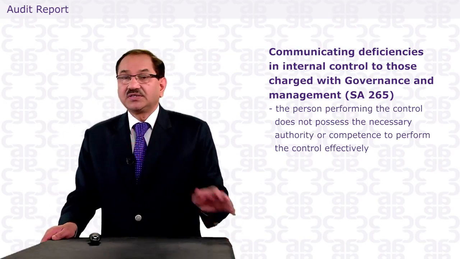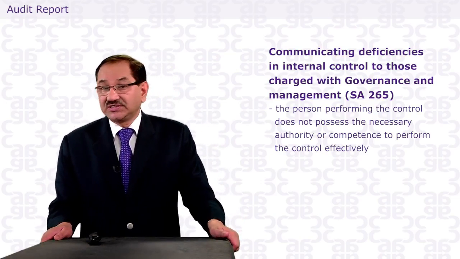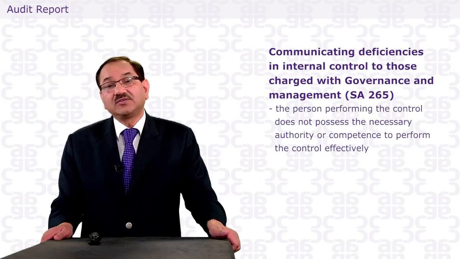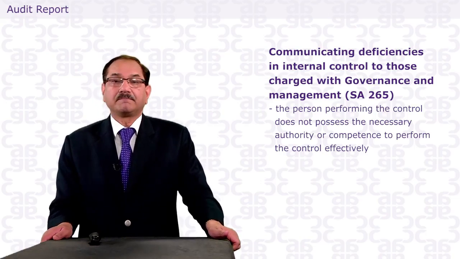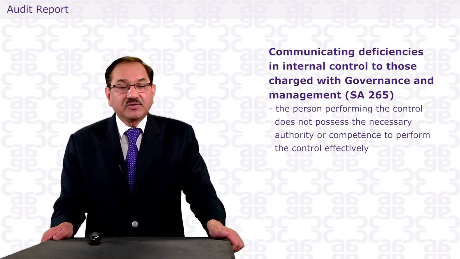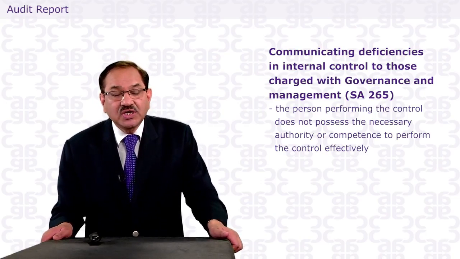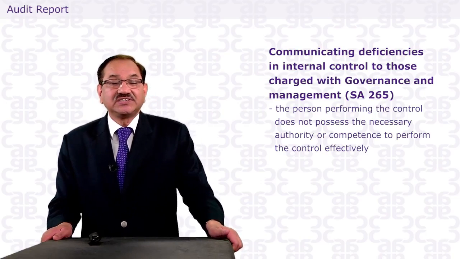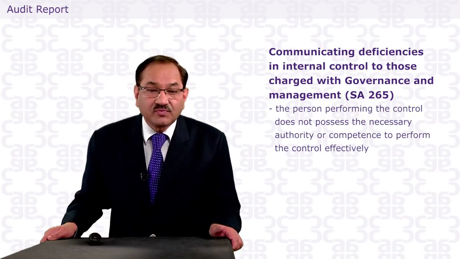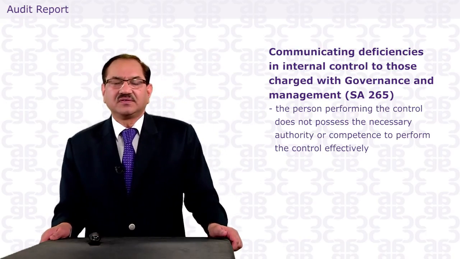It has been told to the persons who are responsible for recording the traveling expenses in the financial books. But the person performing the control does not possess the necessary authority or competence to perform the control effectively.